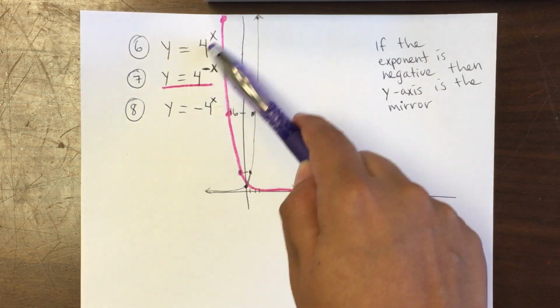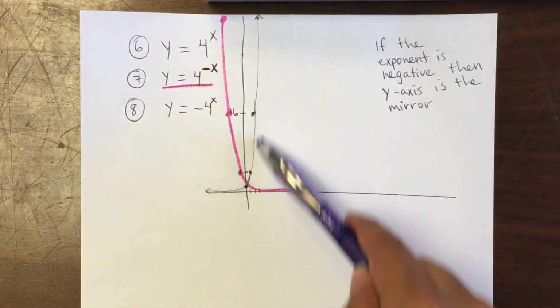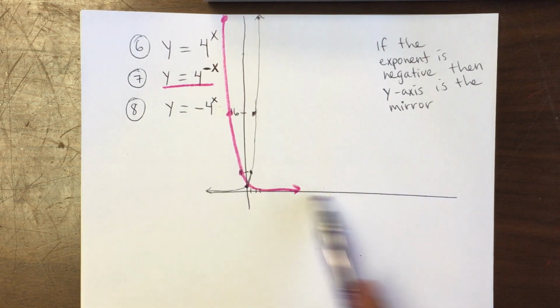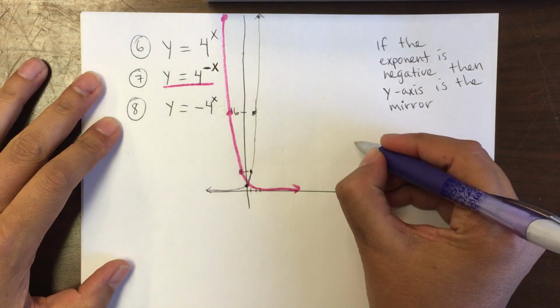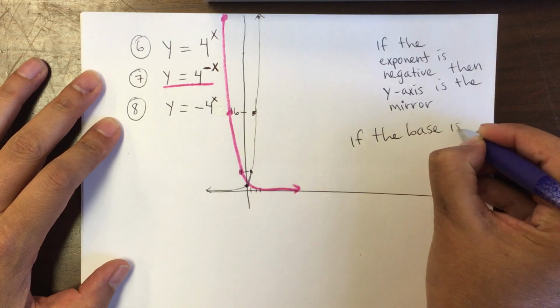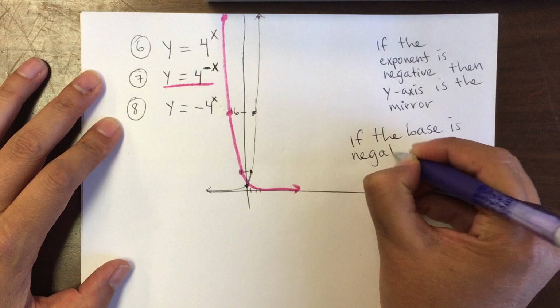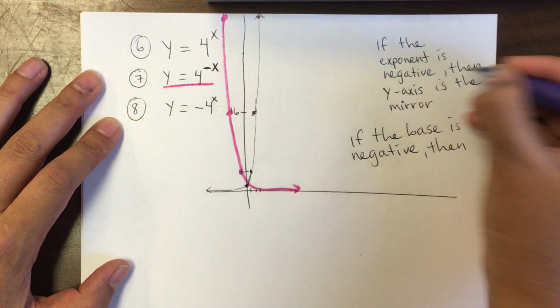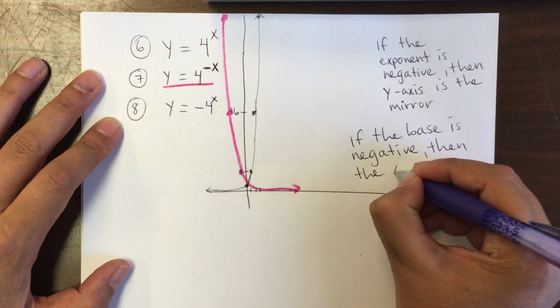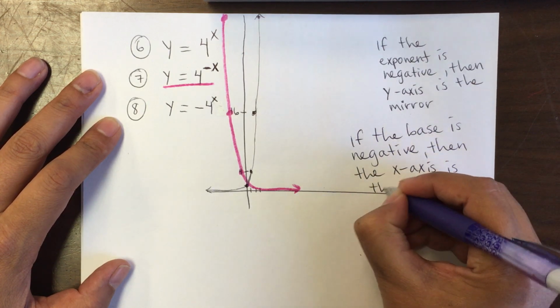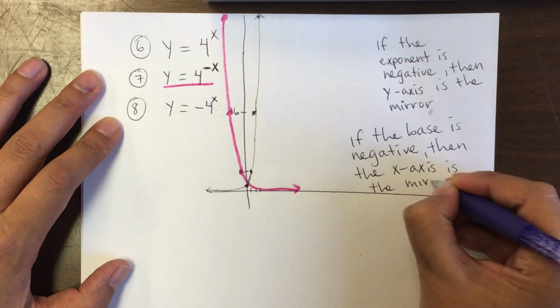Not this one, but the original, this one right here. So this original one is going to be reflecting on the x-axis. So let me put a note. If the base is negative, then the x-axis is the mirror.